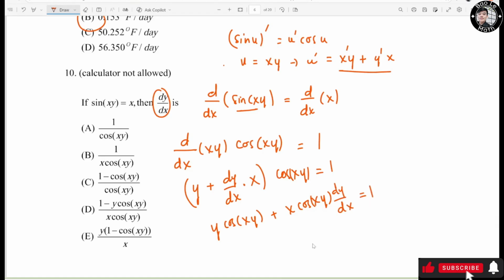So dy over ds equals, subtract this from both sides, so we have 1 minus y cosine s y, divided by s cosine s y. So the answer must be D.